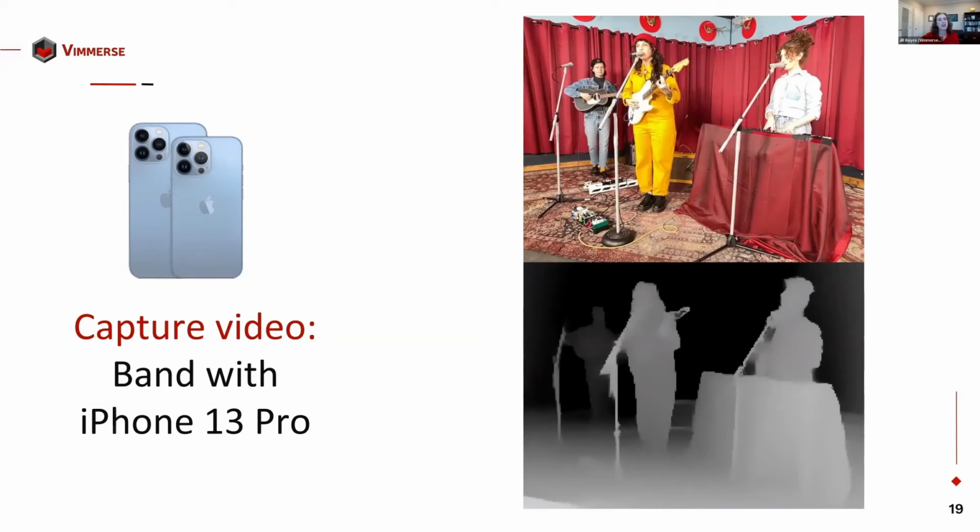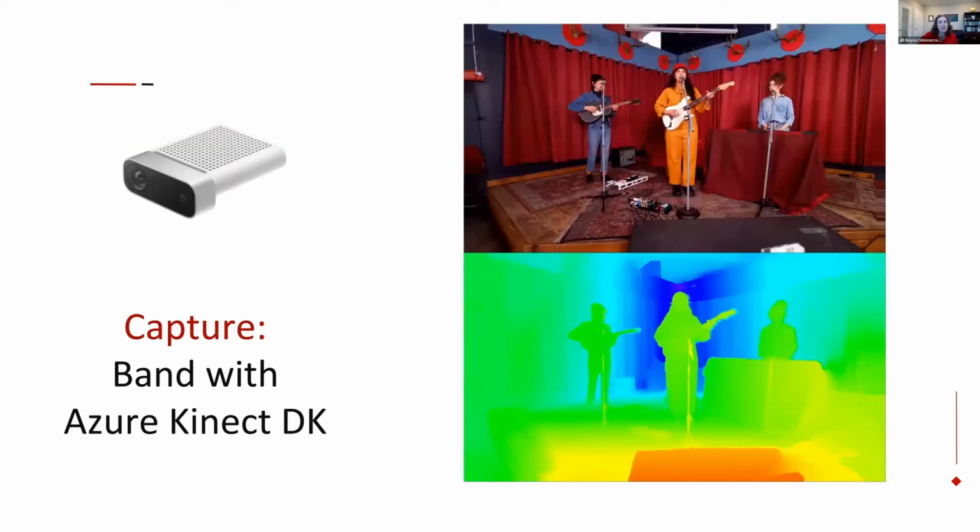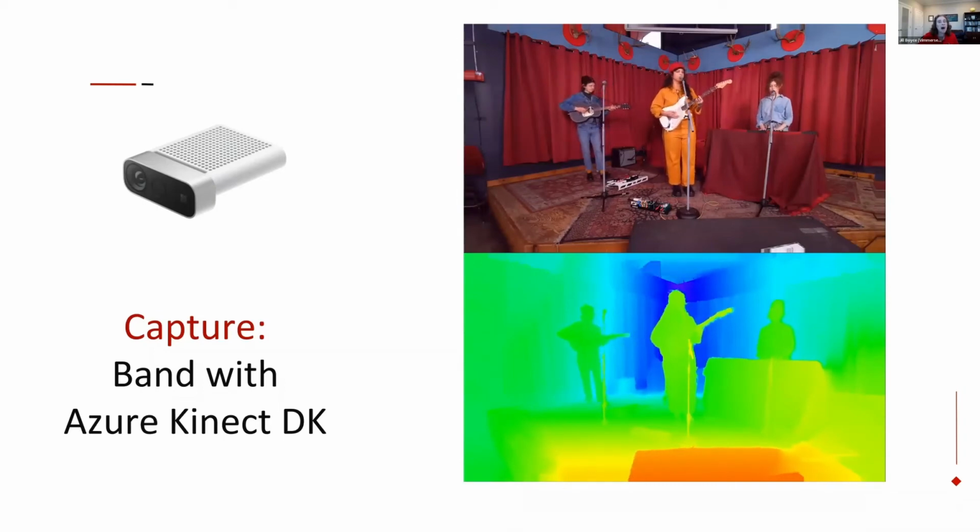All right, but yes, there is audio. There is audio there as well. So here's another version of it that was with the depth sensor, the Azure Kinect depth sensor. And you can see in this one, there is no audio, but the depth resolution is higher than it is for the iPhone, and it's mapped in a hue-based representation. But you can see the depth image as well as the texture image.